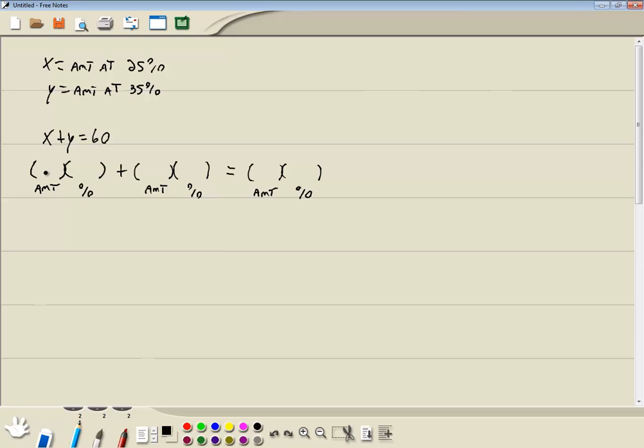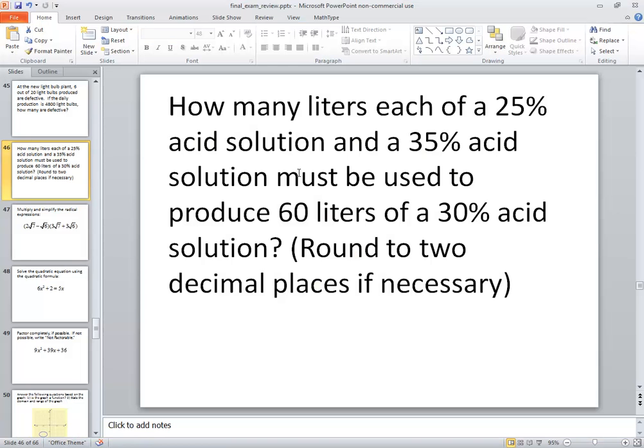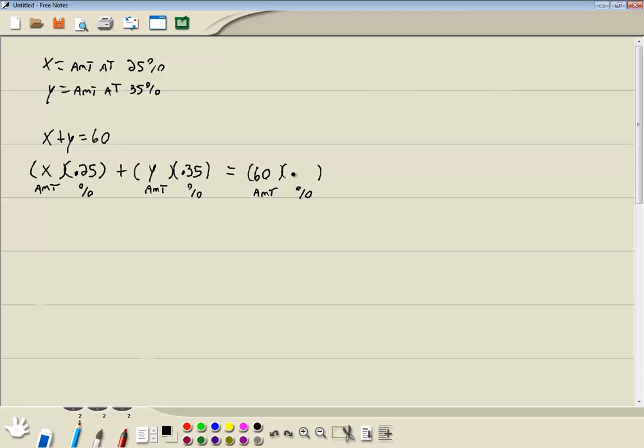That goes here, so our amount is X, and our percent is 0.25. This one will be our Y, and I'll put my 35% here. Now over here, the grand total, they want 60, so the amount is 60 liters, and they're telling us this should be 30%.